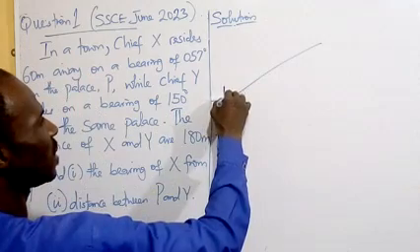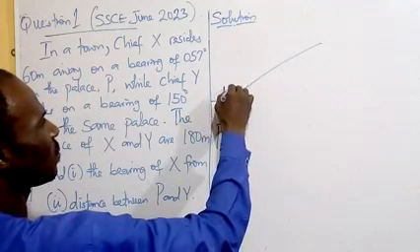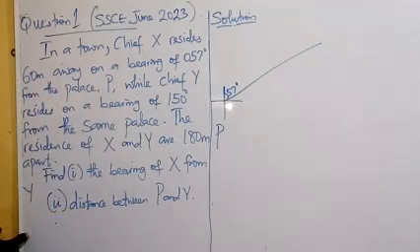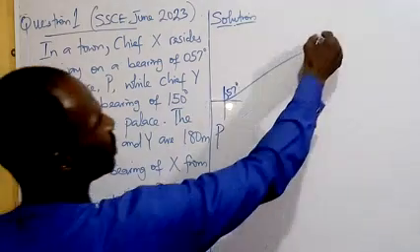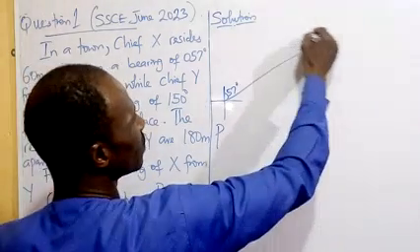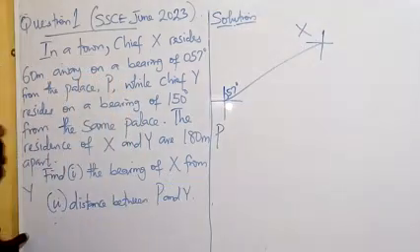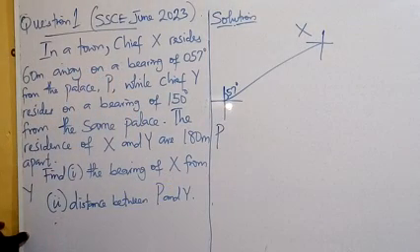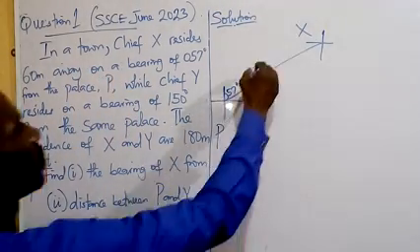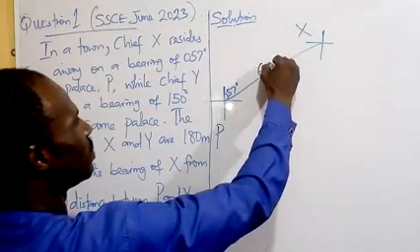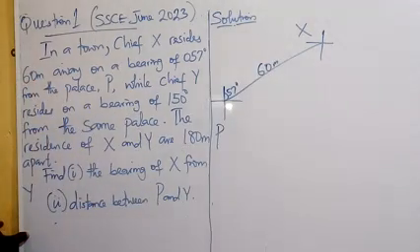It means from here we have 057 degrees. This is where X resides, 57 degrees, 60 meters. That's the distance.